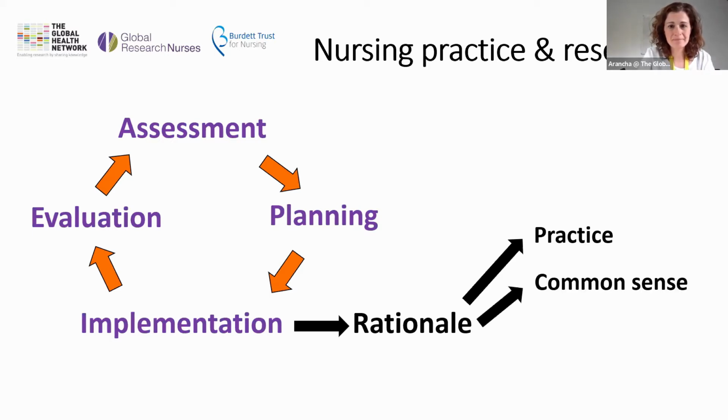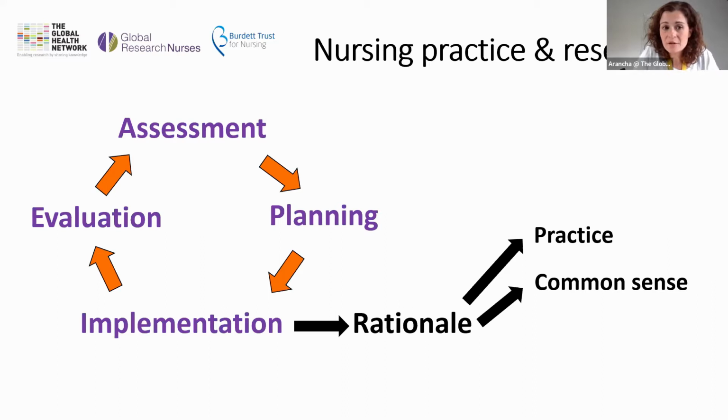And then sometimes, to base our rationale, we use common sense. That means that we apply principles. It could be principles of physiology, principles of psychology. And while many of these common sense practices may be right, some may not be.